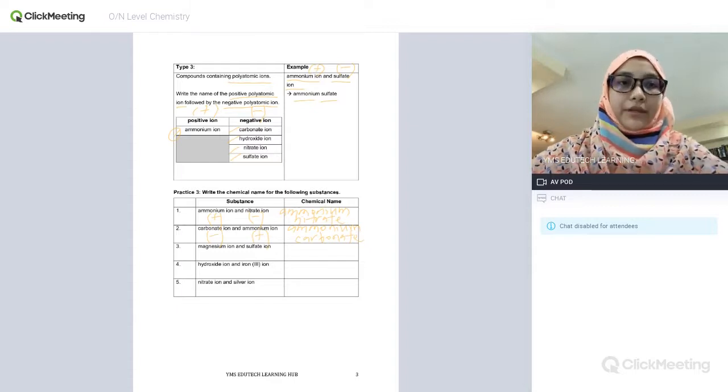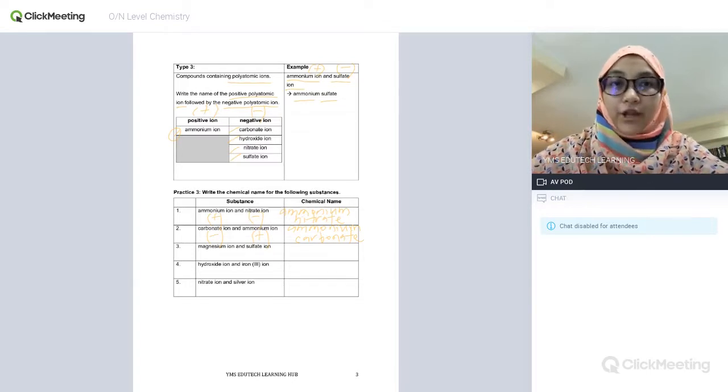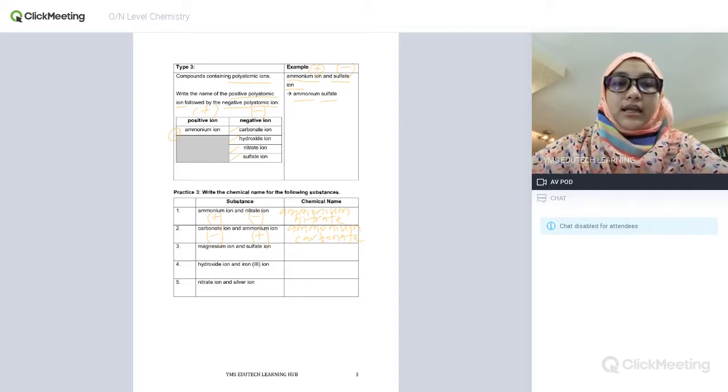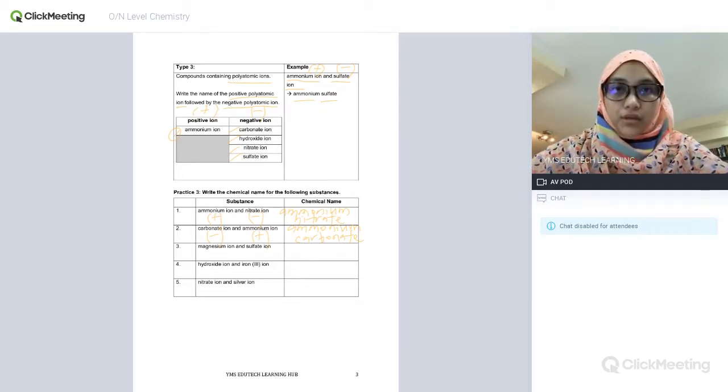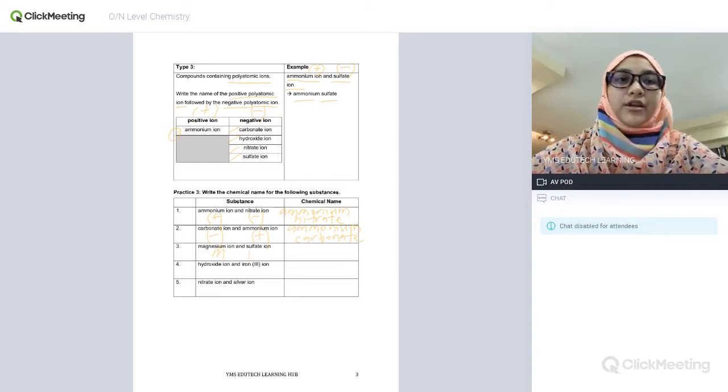Okay, third one, magnesium ion and sulfate ion. Magnesium ion, it does not belong to any of the 5 polyatomic ions. However, magnesium is group 2 element, which is metal. And sulfate ion is the negative polyatomic ion.